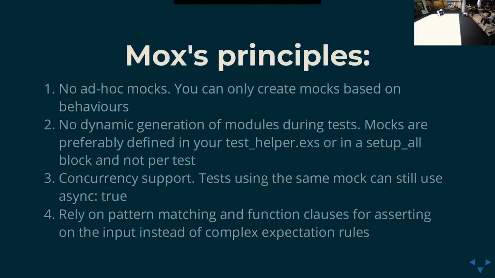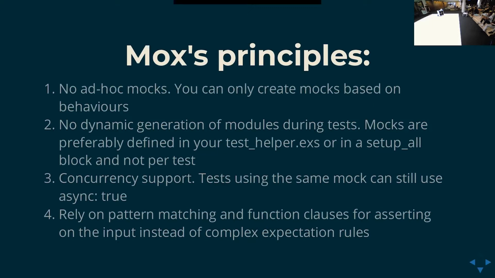So there are some principles that Valim defines. There are no ad hoc mocks. You can only create mocks based on behaviors, so you can't just create a shallow mock. There is no dynamic generation of modules during tests. Mocks are just defined in your test helper or in a setup block and not per test. There is concurrency support: tests using the same mock can still use async, so all the tests run in parallel.